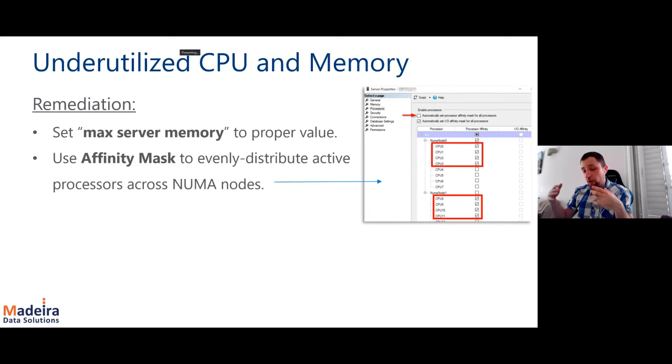And if SQL Server is unable to utilize enough CPU cores, you would have an imbalance. You could have an imbalance in the stress across... fully utilized, but a different NUMA node has only just a handful of CPU cores assigned.